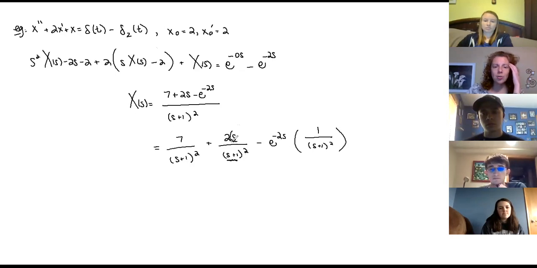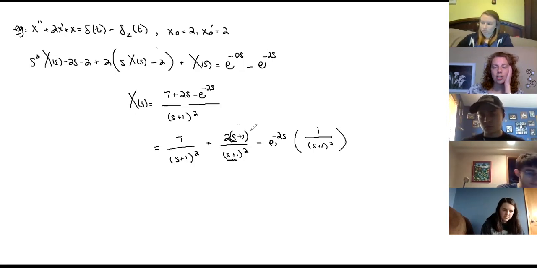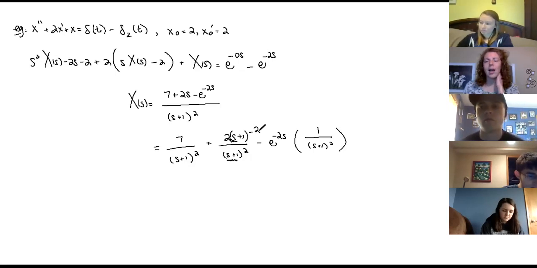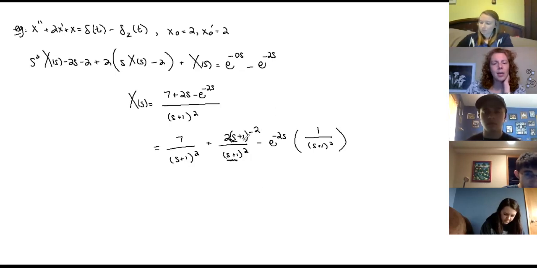So I need to do an s plus 1 in the numerator. And I totally just changed my fraction by adding 2, so I also have to subtract 2 back off in order to fix my fraction. So we're going to do 4 pieces and then we'll go back to 3.